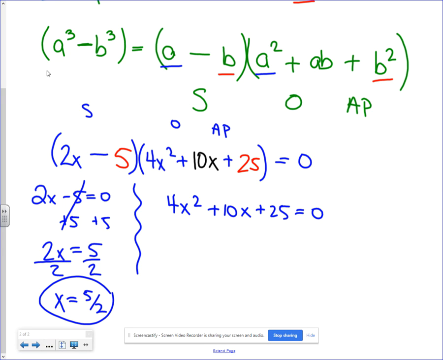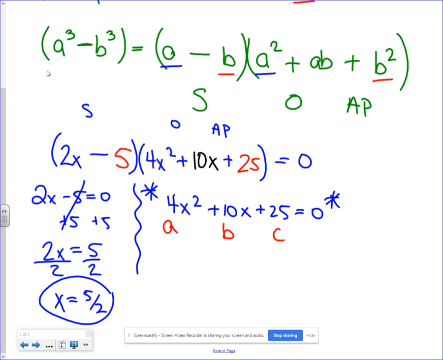Well, the other 2 roots are going to come from this equation. Because what type of equation is this? It's a quadratic equation. So it has 2 roots. Just to save you some time, I'm going to go ahead and let you know, when you're doing these cubic ones, your quadratic trinomial, it's not going to be able to be factored. So you're going to have to use the quadratic formula, like we did on example C. So we've got our A, B, and C values.